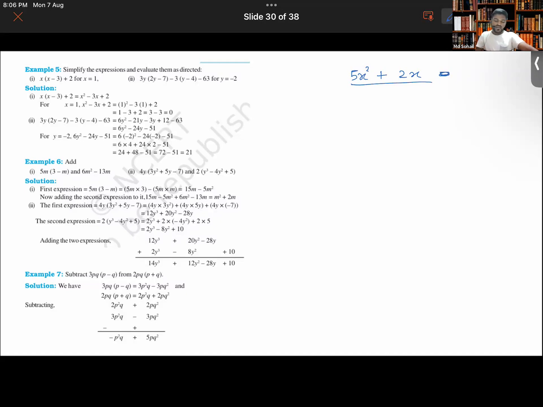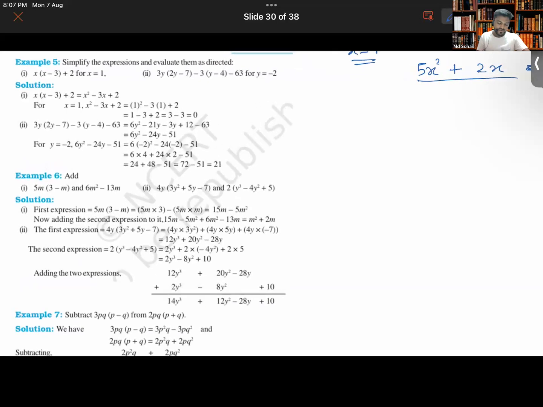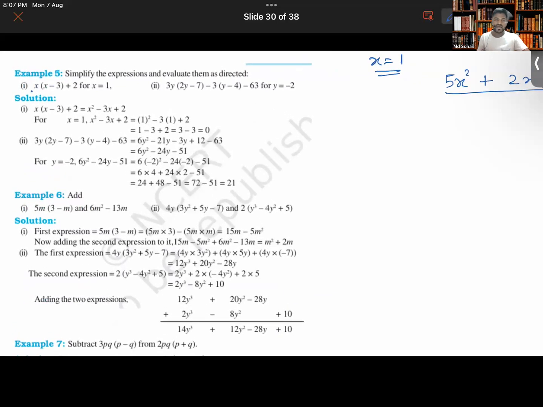And here the value of x is given, right? You just have to substitute the value of x over here, and then the expression will be simplified. That can be done easily. We need to evaluate them as directed. So as the values are given here, you will simply put the values and you will get the answer. All right, guys, solve the first one.